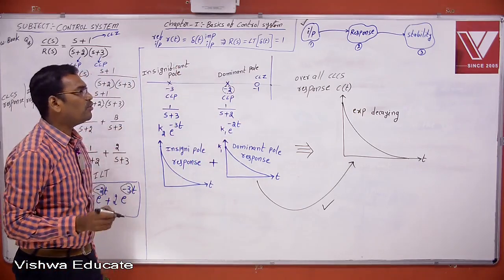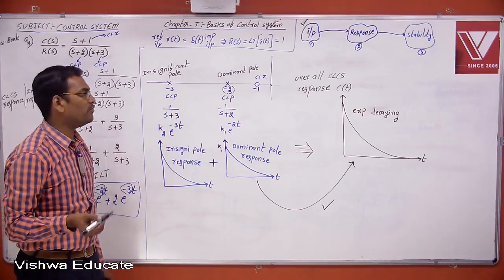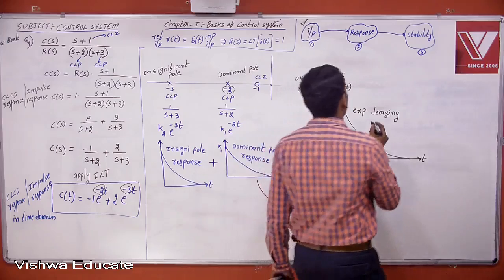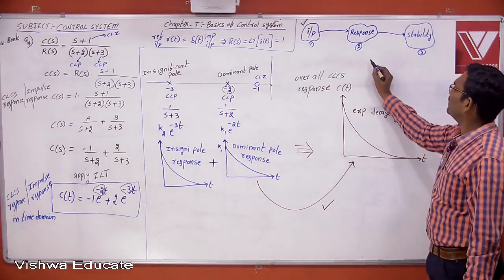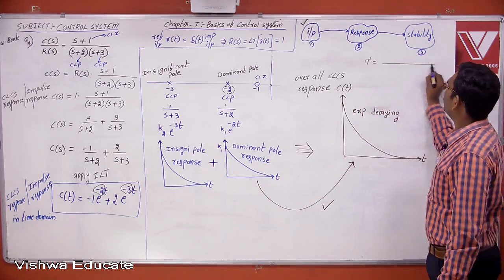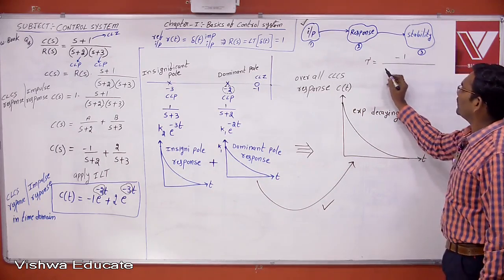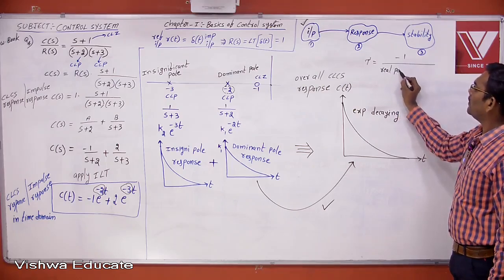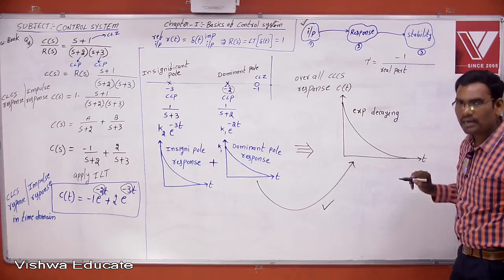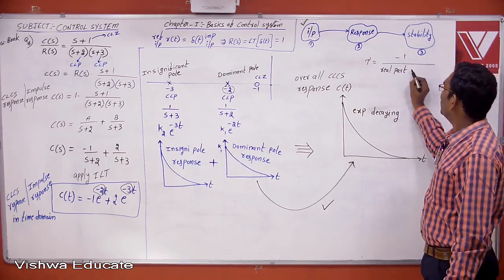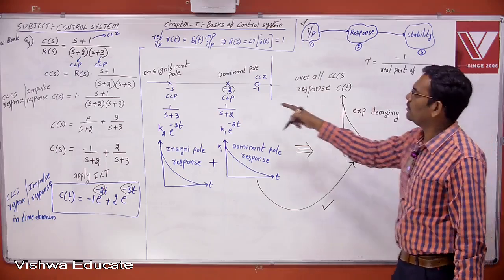Now you find the system time constant formula. What is the system time constant formula? It is nothing but the negative of the reciprocal of the real part. Previously you were saying real part of the pole. Now this is the negative of the reciprocal of the real part of which pole?